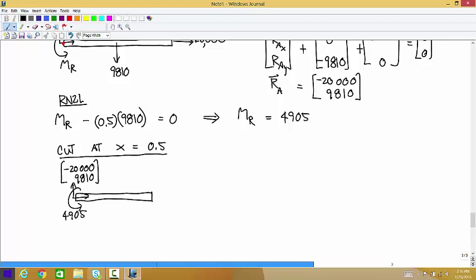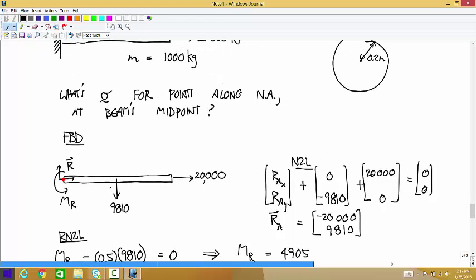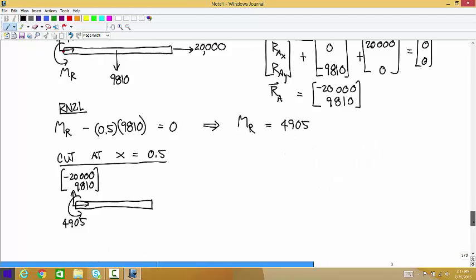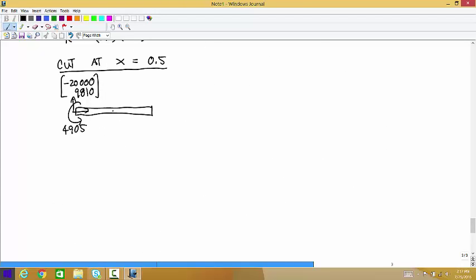And then we have a weight force. You could do it as a distributed load. In this case, the distributed load would be 9810 divided by a length of 1, so 9810 newtons per meter. Or you could just recognize that we're looking at half the beam, so we're looking at half the weight. So we have a downward force of 4905 acting at the beam's midpoint.